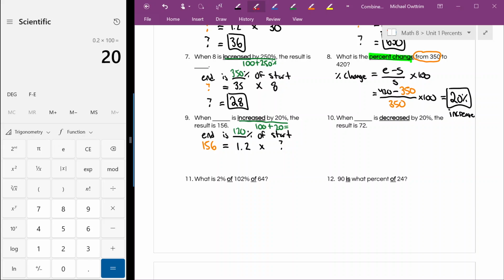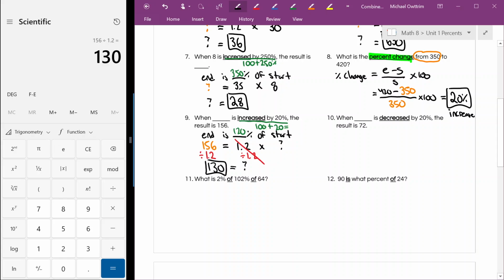So we ask ourselves, what's the opposite of multiplying by 1.2? And it is dividing by 1.2. And to keep things fair in an equation, I have to do the same thing to both sides. So since I divided by 1.2 on the right side, I have to do that to the left side as well. And this is the calculation I need to complete to find my unknown. So I'm going to do my 156 divided by my 1.2, and that gives me my answer of 130 as the value of my question mark.